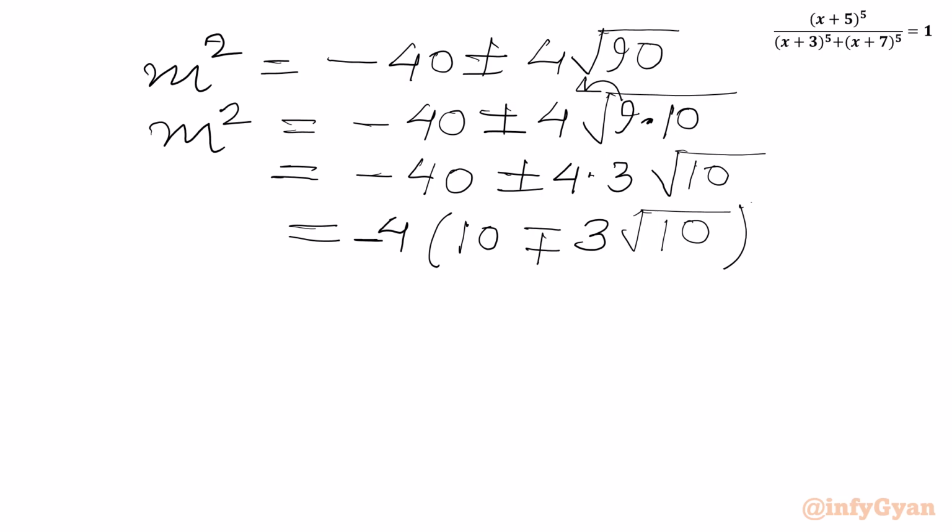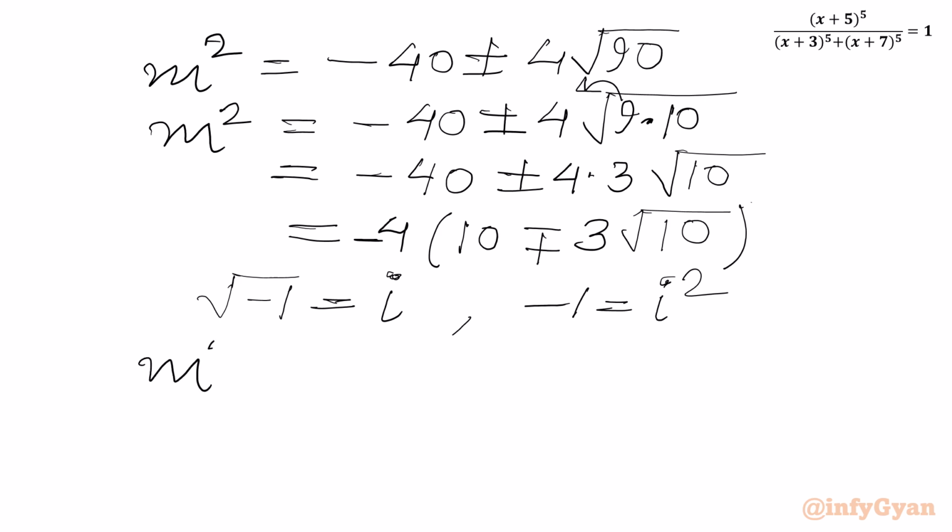Now you can check 10 plus minus 3 root 10 is a positive number. So overall m square is negative. So the right hand side will generate a negative quantity. So I can use the square root of minus 1 equal to complex number i, and in place of minus 1 we can write i square anytime.